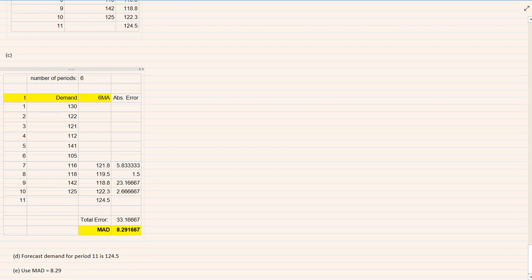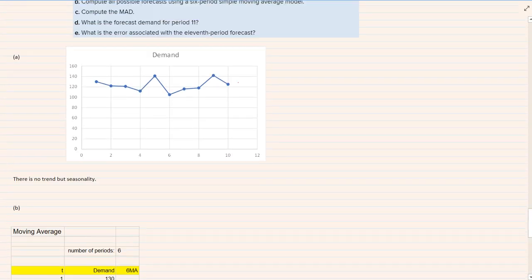But at that point, for the 11th, based on what we see here, this is the best answer, 8.29. So we forecast for the 11th period that the demand is going to be 124.5 units, give or take 8.29. Okay, and that's what that is.